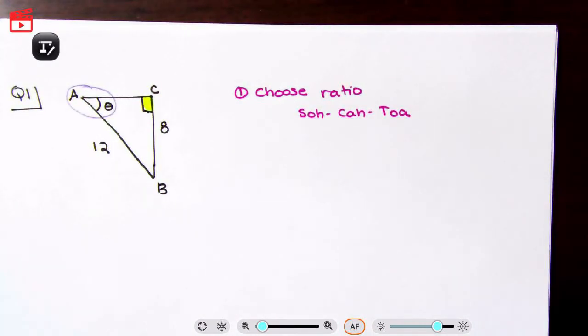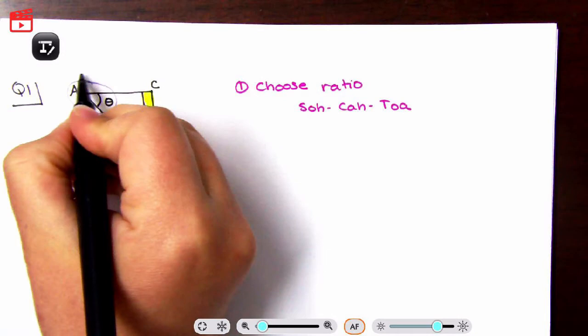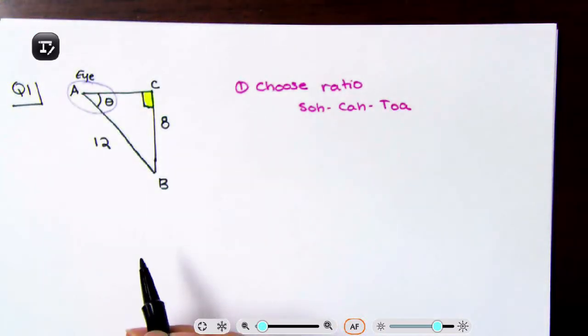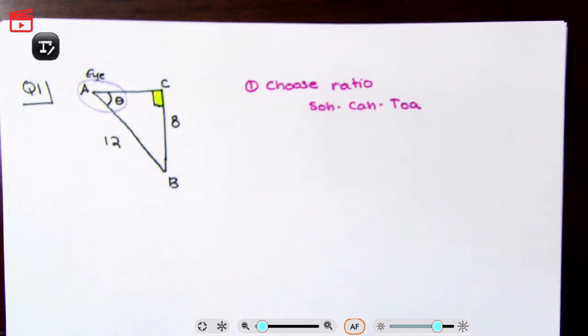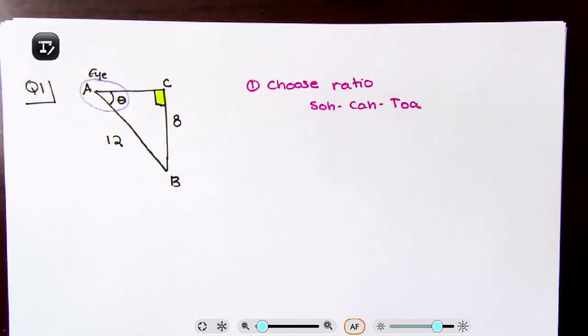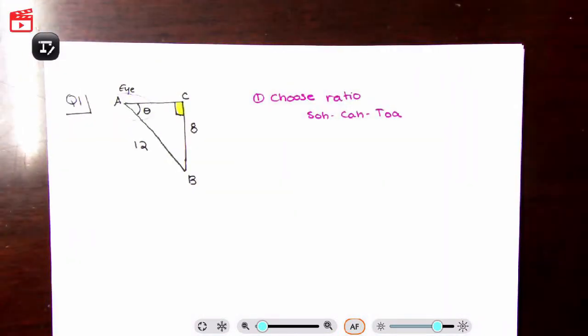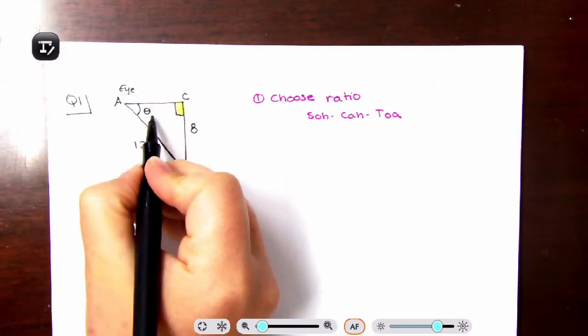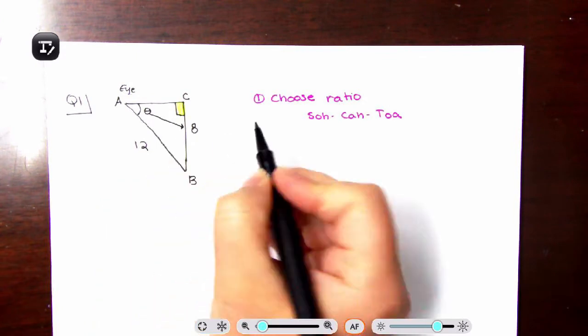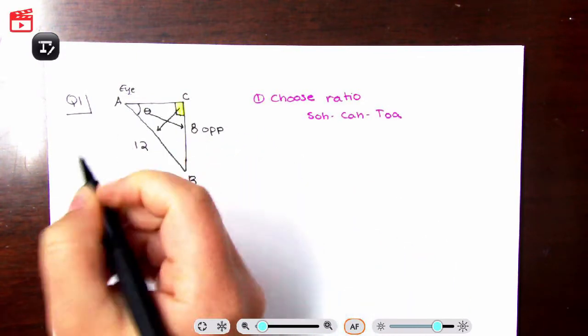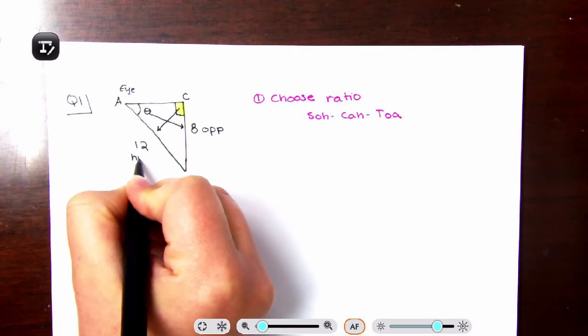This is my angle. So this is my eyeball. Looking through this eyeball, let me make this a little bit darker, it looks very blurry to me. So here's my eyeball. Across the street from my eyeball is my opposite. Across the street from the 90-degree angle is the hypotenuse.